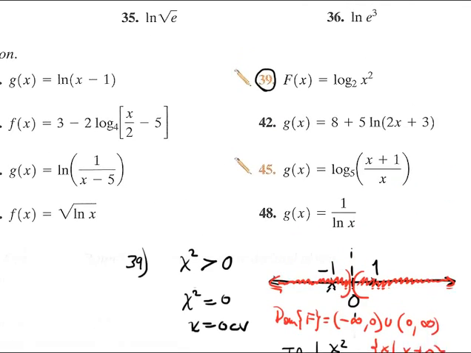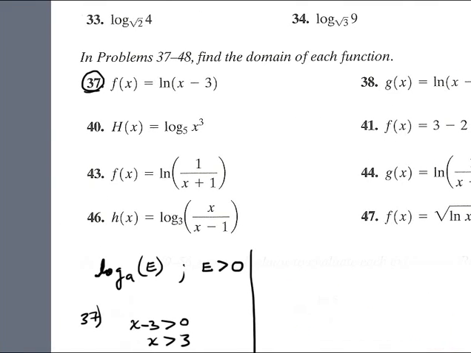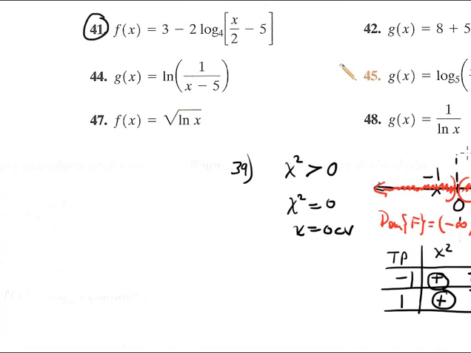That was 39. The next is 41. Okay, the same thing. In 41, you take the expression inside the logarithm, x over 2 minus 5, which must be positive. That says x over 2 greater than 5.